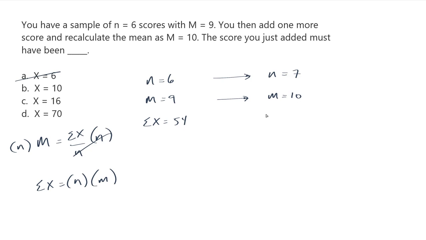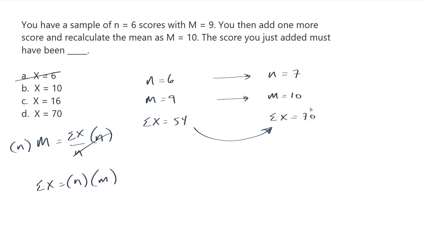Now, we know that the sum of x over here is going to be different because we have a higher mean. Or actually, let's just make sure of that. n is 7 times m, which is 10. 7 times 10 is 70. And so we have a higher total, and they want to know what is the value of that one score that has been added.